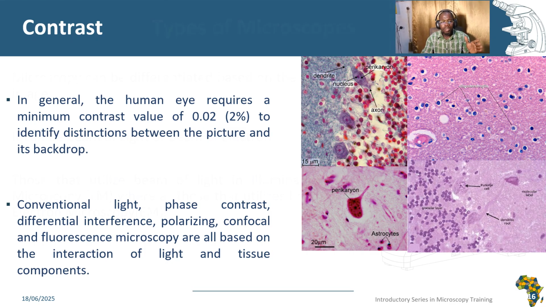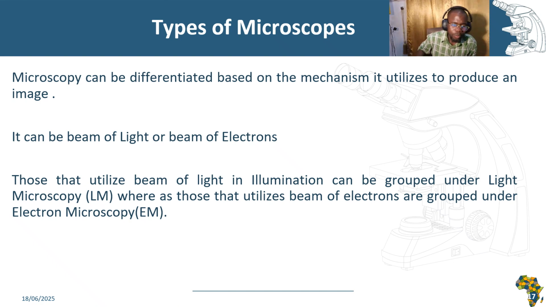What are the types of microscope? Basically, microscopes can be classified on the basis of one, radiation type, and two, type of image formation. Understanding different types of microscope is important because each type of microscope has specific strengths, applications, and limitations.